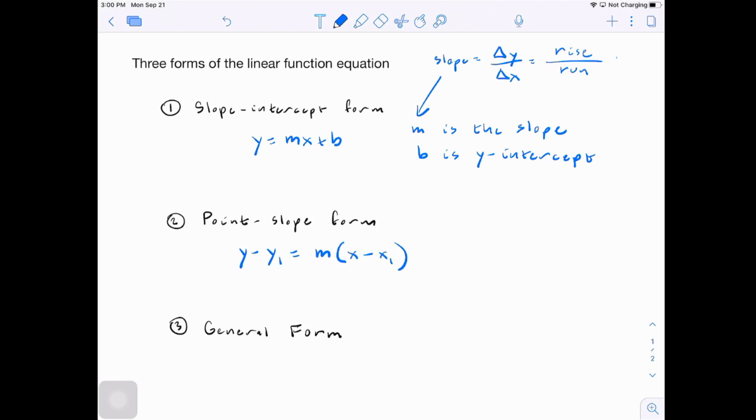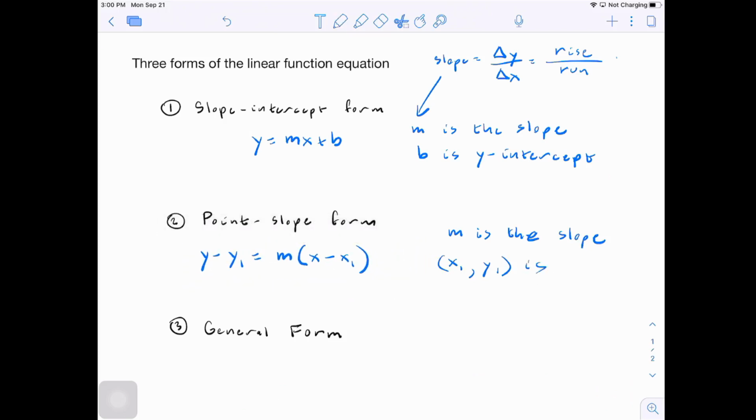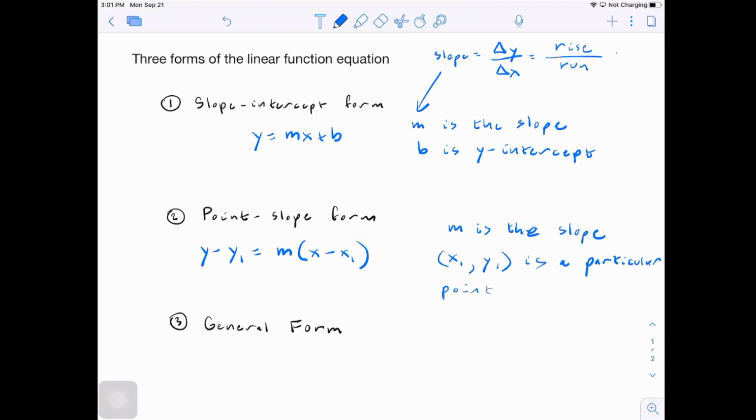And let's note that m is still the slope, and also x1, y1 is a particular point on the line.